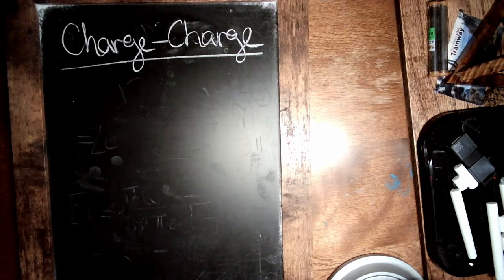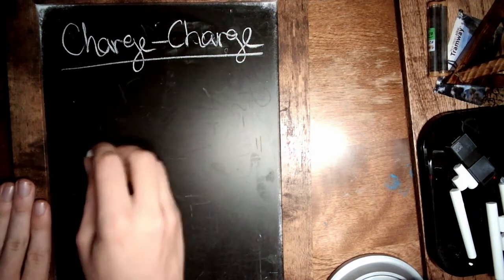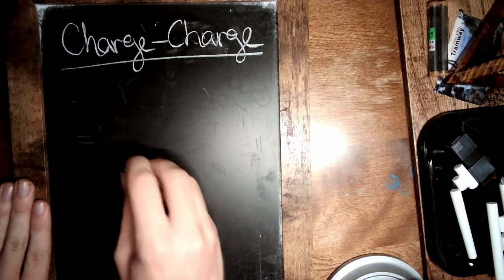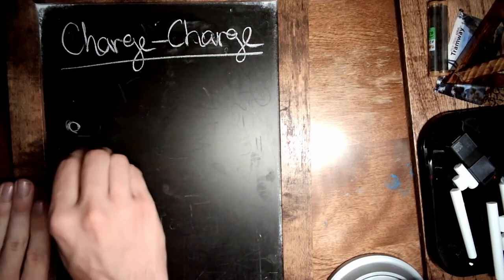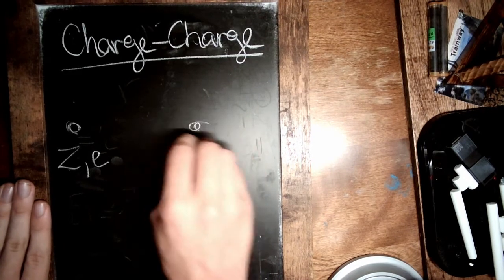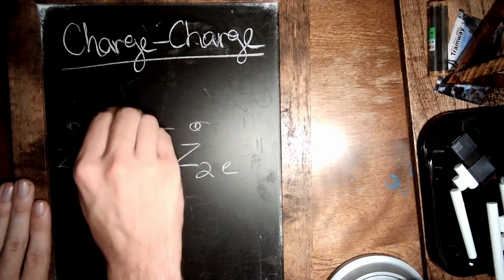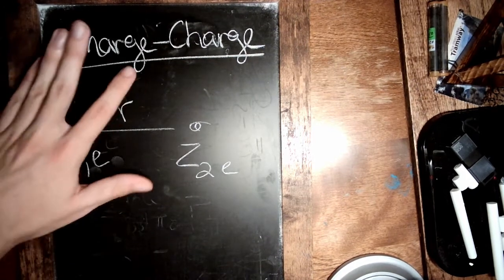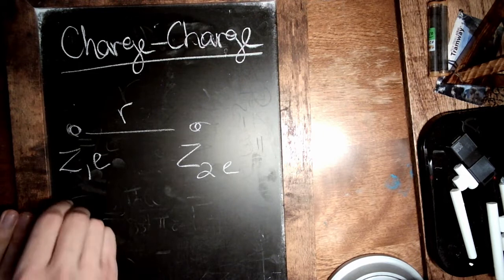Now lastly, we can just write down a very simple expression for a charge-charge interaction in which we have two charged objects, Z1 times E and Z2 times E, separated by a distance r. We know what the Coulomb force would be between the two objects.